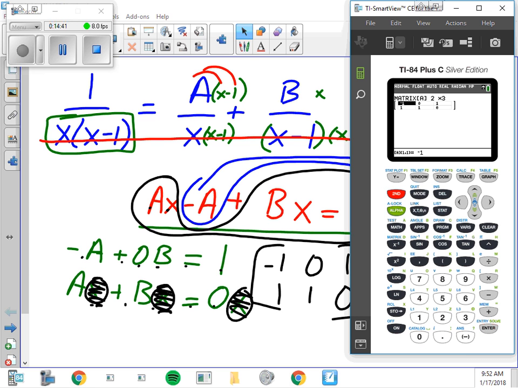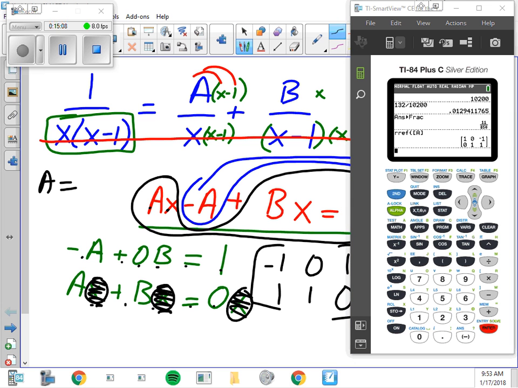Then exit out. Exit out. Go back in. Find RREF. Okay. And I end up with A equals -1 and B equals 1.